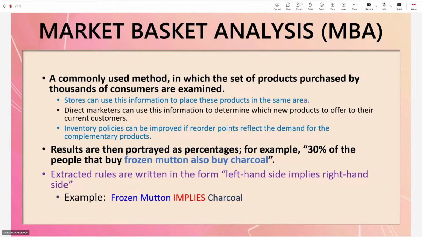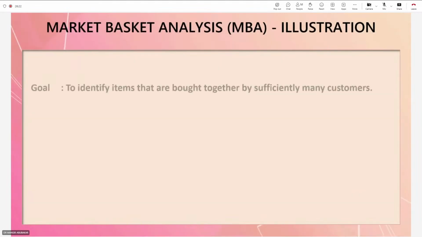So this is how the rules are derived. Sometimes an arrow is used to indicate the implication, or item A implies item B, or item B implies item A, and sometimes the results are not the same. You can say charcoal implies frozen meat, and the result may be different. But this is how the rules are extracted, how the model extracts the rule and gives us the solution.